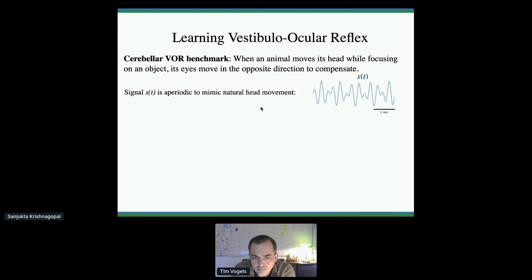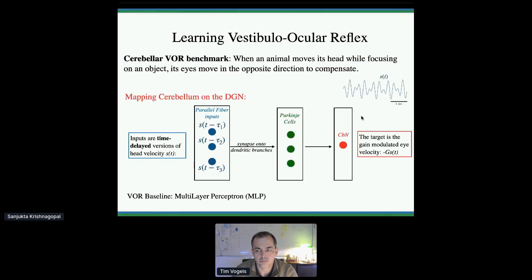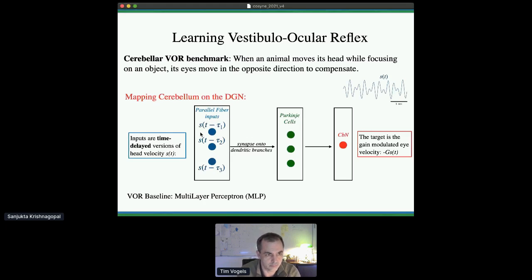So we try to model this type of VOR. We give it a head signal, head velocity, which is just a random aperiodic signal that looks kind of like this. And then we map the cerebellum directly onto the DGN. So the cerebellum had these parallel fiber inputs. And then in the first layer, these parallel fiber inputs each have a different delay.